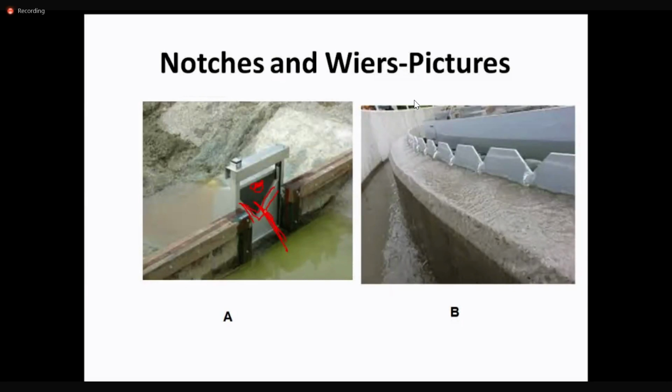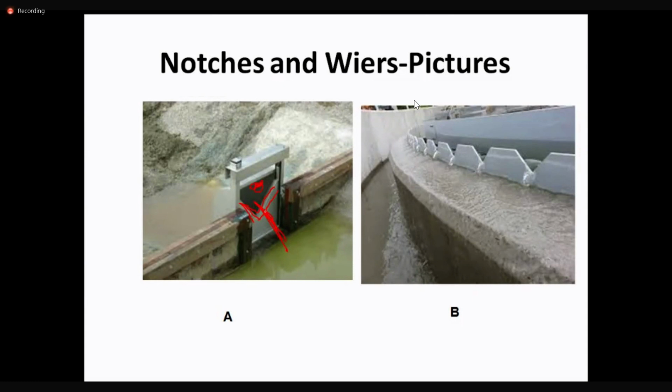Water would then flow through that V, but over the box. In that case, we would say that our weir is broad crested, because the material is not thin, it is broad. There is a thickness in the direction of flow.